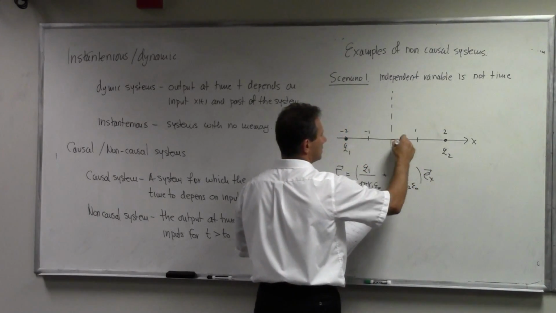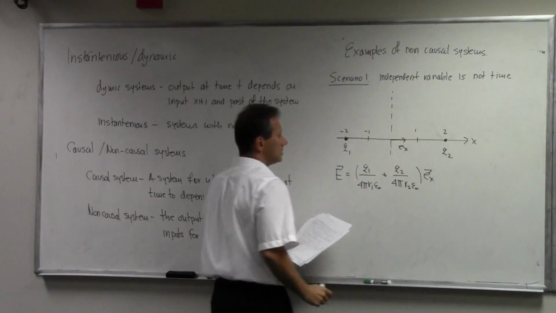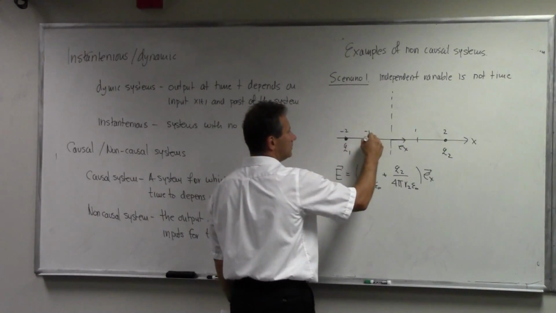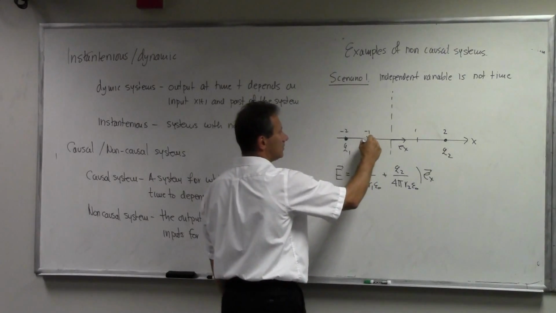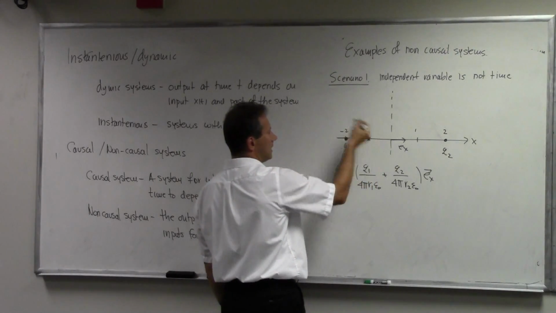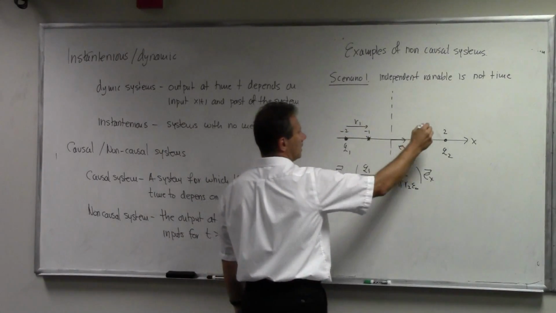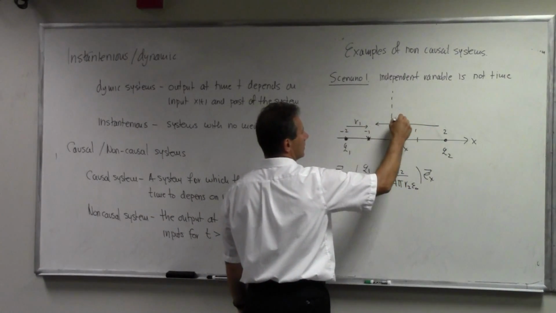Where EX is this vector here. So you can see here, if I'm looking at the input here, the response at this point, then it depends on the past or prior values. This is R1, and it depends on this one, right?